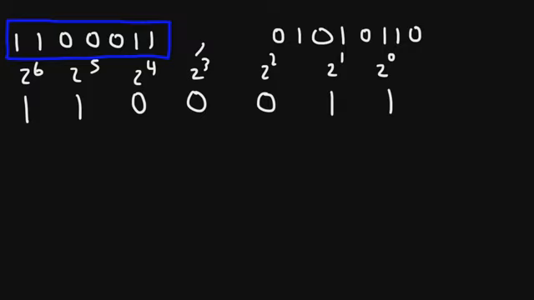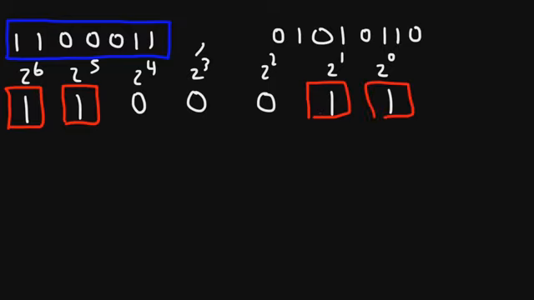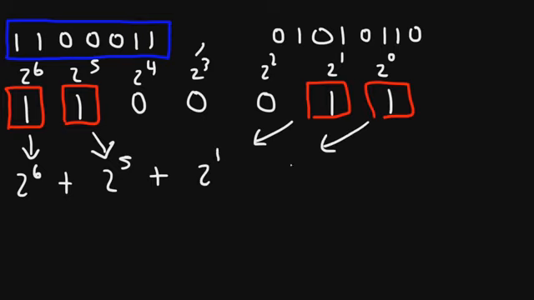And now let's focus on the numbers that contain a 1. So what we have is 2 to the 6 plus 2 to the fifth power plus 2 to the first power, and then plus 2 to the 0 power.